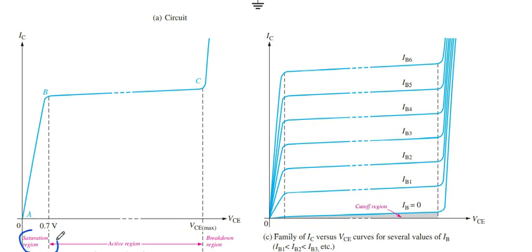This is the saturation region, which tells us that IC is slightly increased and VCE is increased very fast.